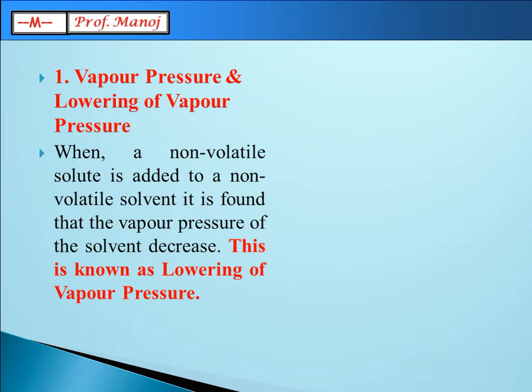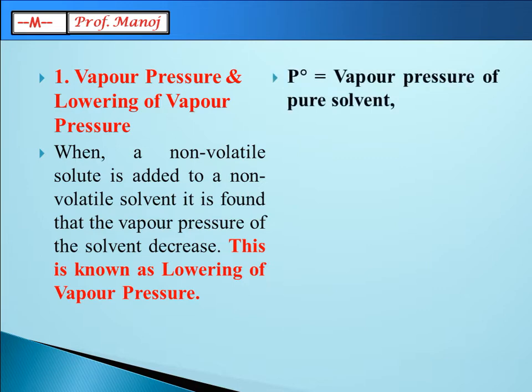It is found that the vapor pressure of the solvent decreases. If you recollect, in the last lecture we had seen that vapor pressure is the same as escaping tendency. That means when a solute is added, escaping tendency decreases. This is called lowering of vapor pressure.